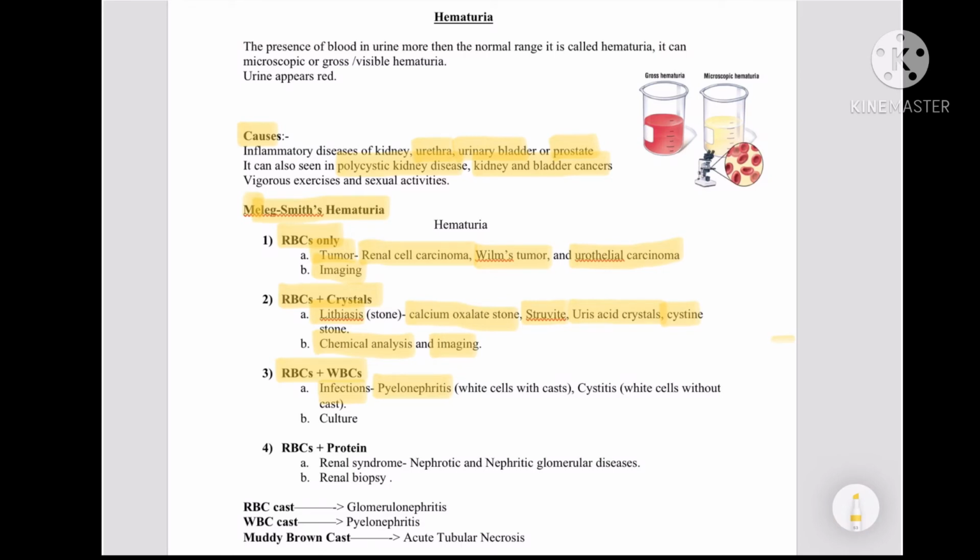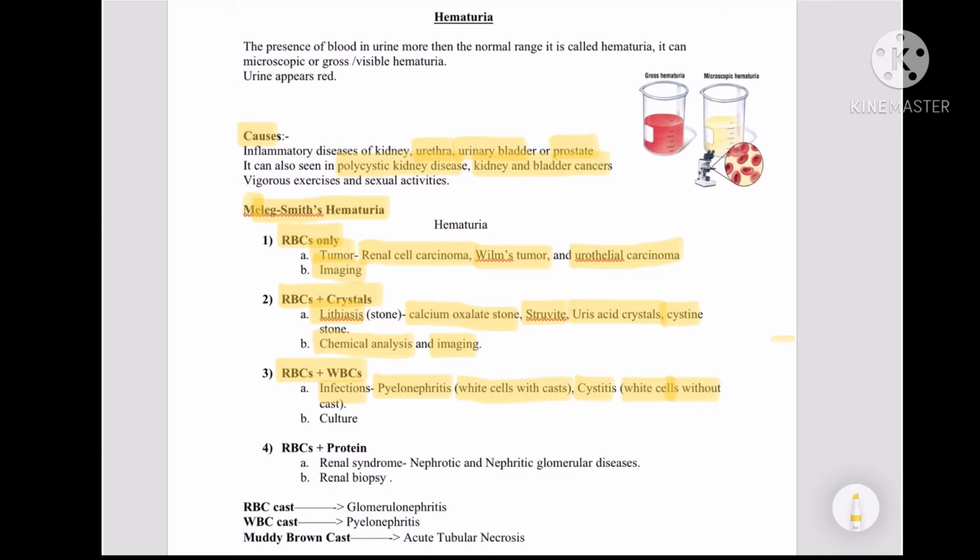In that condition, we can find not only RBCs but also WBCs. But the RBCs and WBCs are usually found in casts, like WBC casts. In cystitis, there may be RBCs, hematuria, along with WBCs, but without casts. The casts show that the RBCs or WBCs had to pass through the tubular network of the nephron.